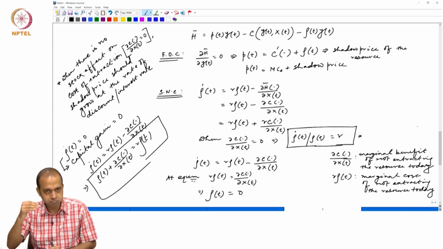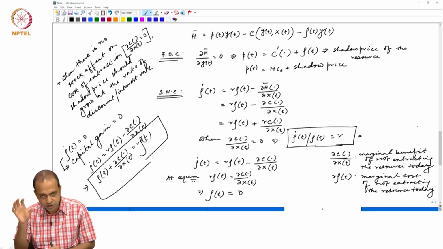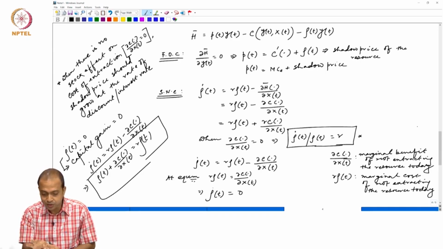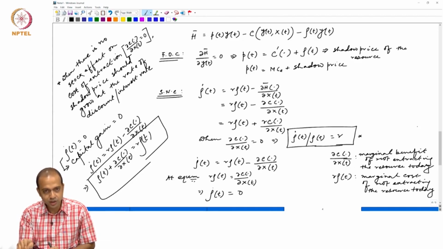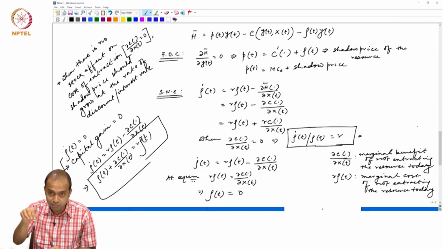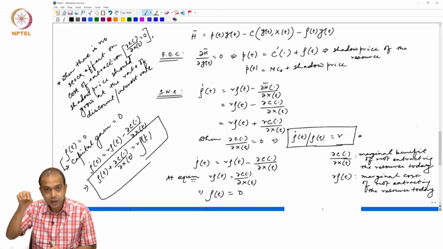Over and above the marginal cost of extraction, something should be added, as we discussed initially, and that is equal to basically the user cost, and everything taken together is called augmented marginal cost.